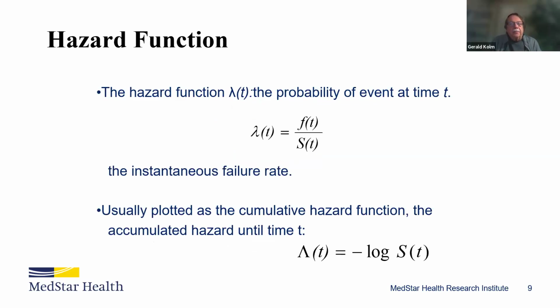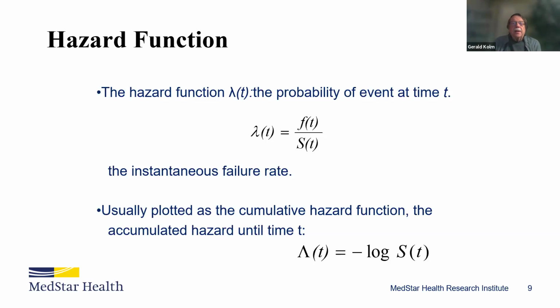So we then also can define the hazard function. In contrast to the survival function, which was the probability of surviving beyond time t, the hazard function is the probability of the event occurring at time t, or we also call it the instantaneous failure rate. And so that's when we look at graphs, which you typically have, or almost always have in survival analysis, that's the cumulative hazard function.